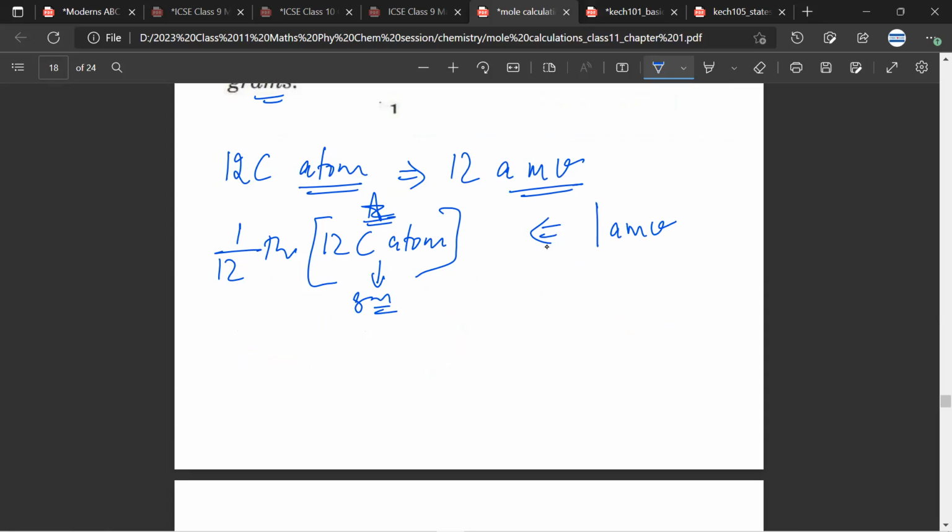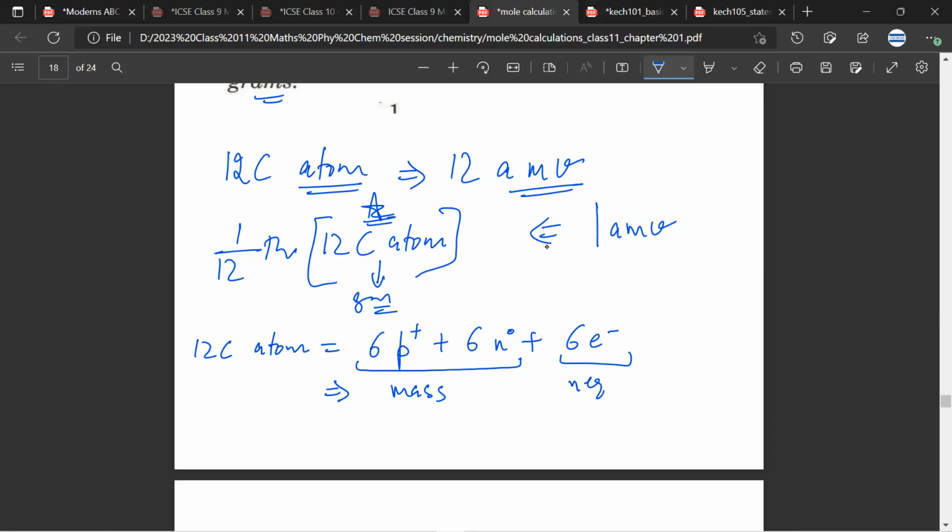So the 12C atom consists of 6 protons plus 6 neutrons plus 6 electrons. Are we clear till here? Yeah. See, the protons and neutrons have masses, but the electron has negligible mass. Are we clear? Yeah.